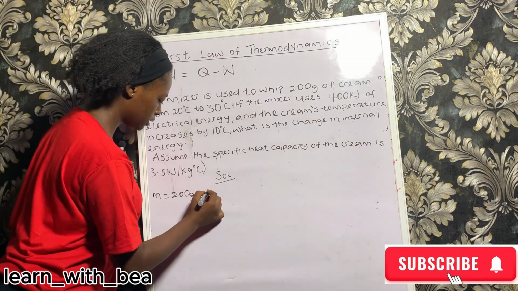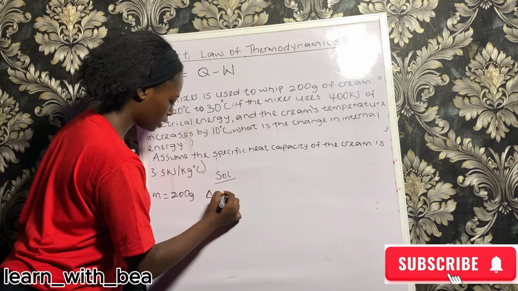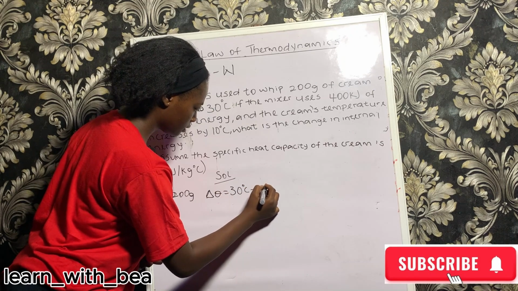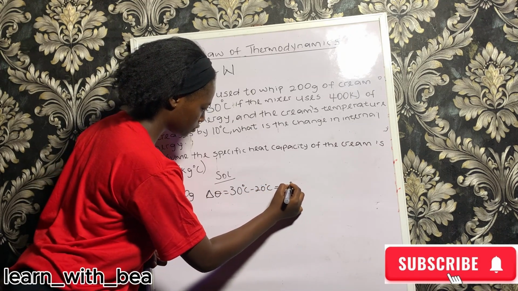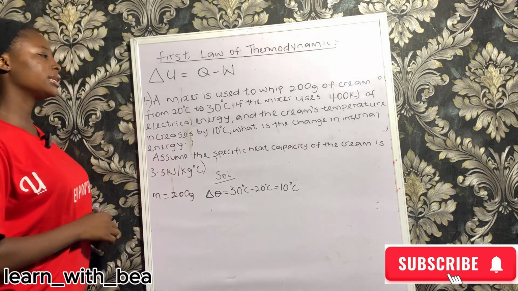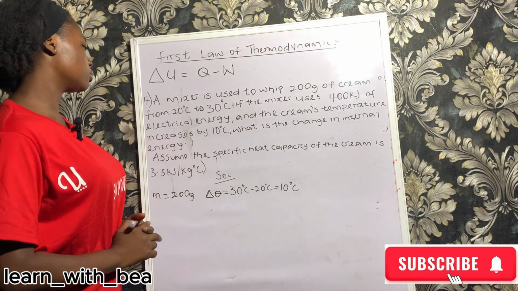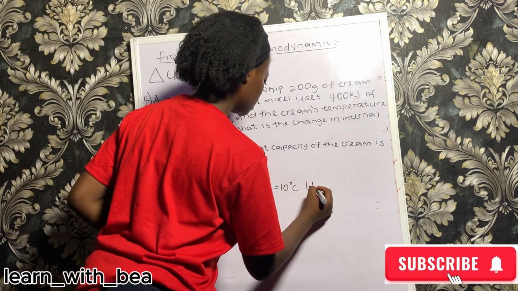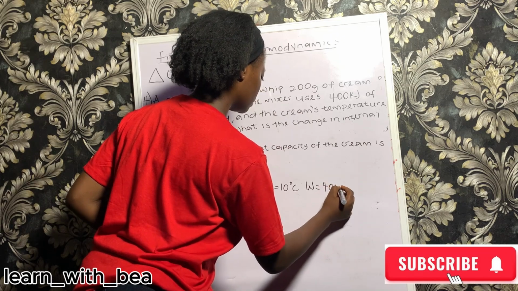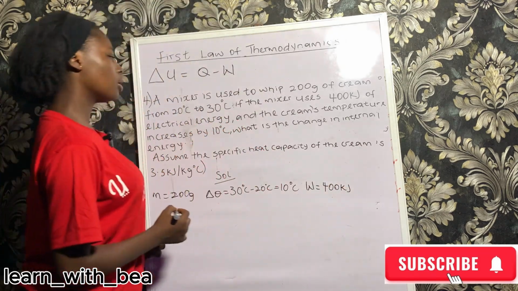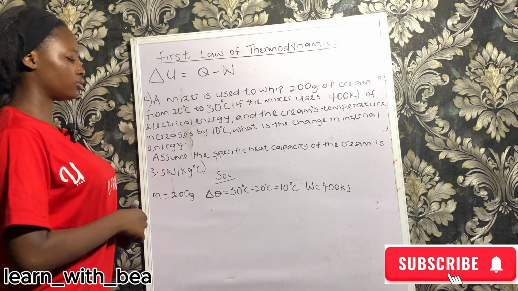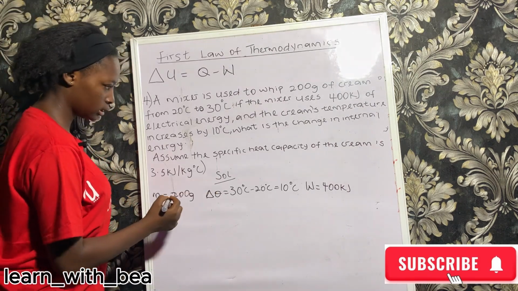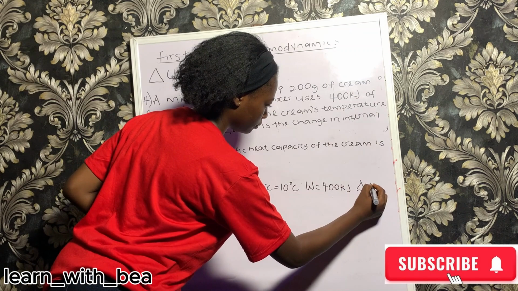From 20 degrees C to 30 degrees C, our change in temperature is 30 degrees C minus 20 degrees C, which is 10 degrees C. Then if the mixer uses 400 kilojoule of electrical energy, our work done is 400 kilojoule. And the cream's temperature increases by 10 degrees C, just to buttress this point. What is the change in internal energy? This is what we are looking for.